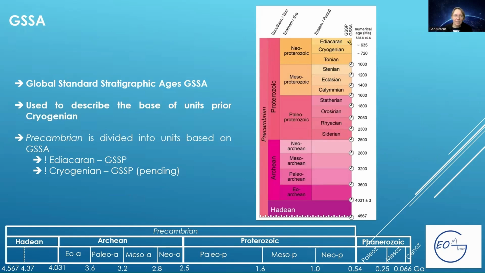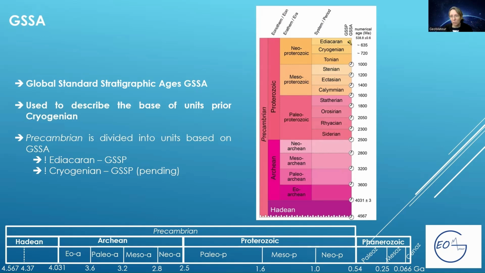And next, GSSA. GSSA is a global standard stratigraphic age. It's used to describe the base of units prior to Cryogenian. So generally speaking, Precambrian is divided into units based on GSSA, besides Ediacaran that has a GSSP, and also for Cryogenian GSSP is pending.